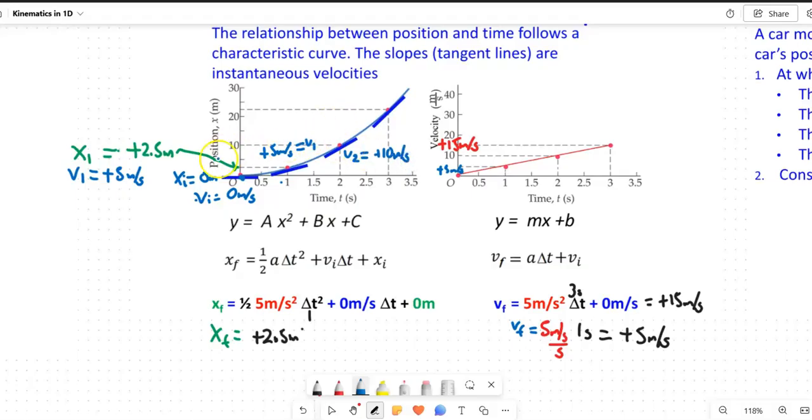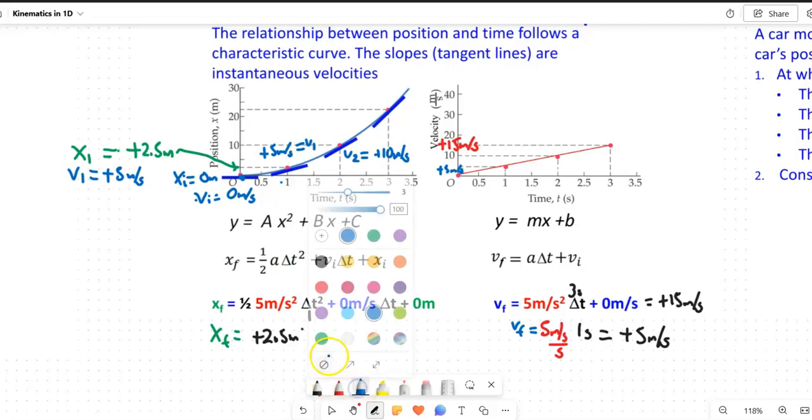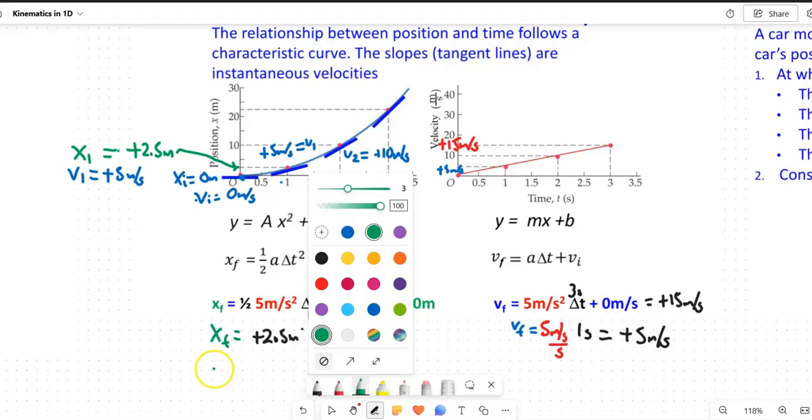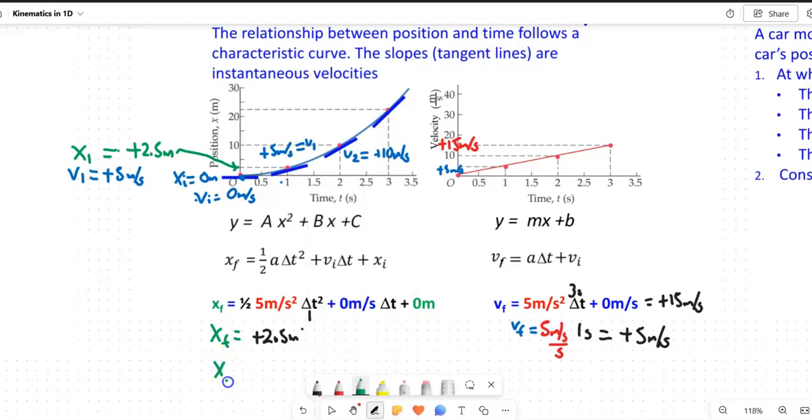And that is occurring, and this is kind of a coincidence, but that new position, well, x final is going to be equal to, so now we're going to plug in 2 here. So 2 squared is 4. 4 divided by 2 is 2. 2 times 5 is 10.